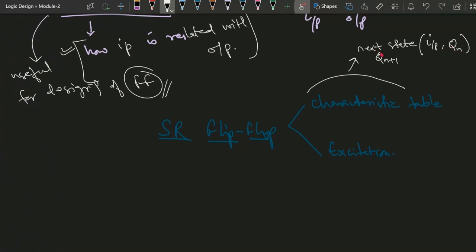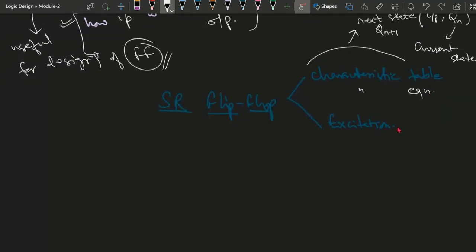How the next state is related with the input and current state is given by the characteristic table. By using the characteristic table, once we have drawn it, we will be finding out the equation also. What is the characteristic equation for each of the flip-flops?